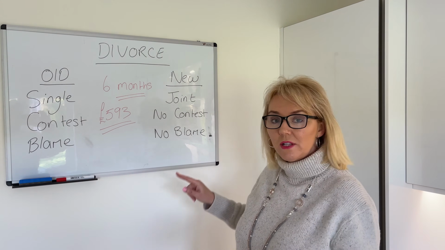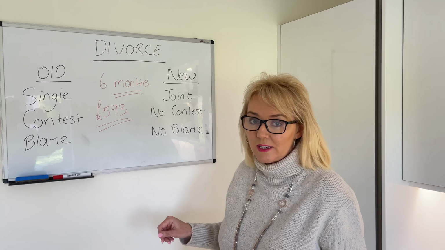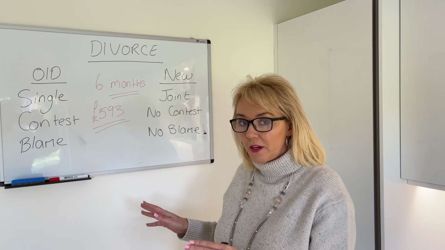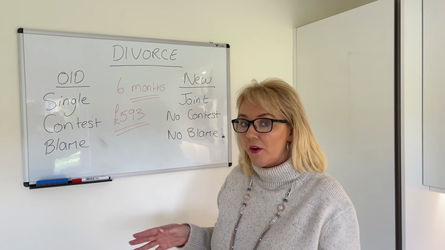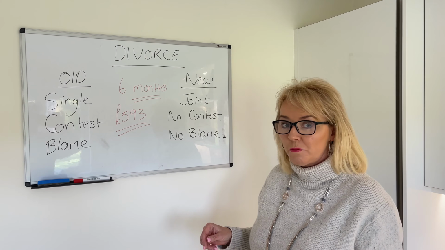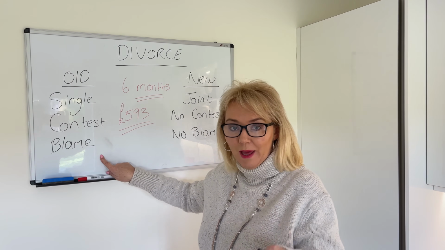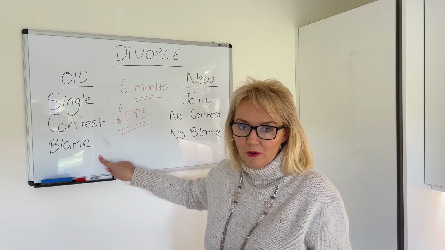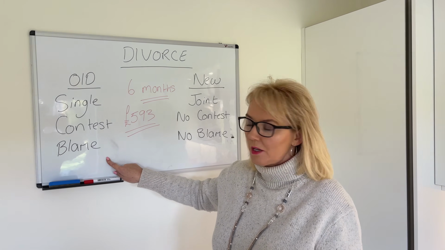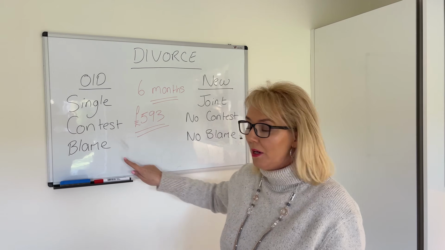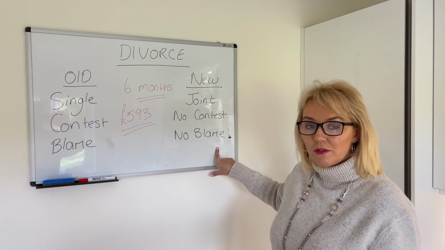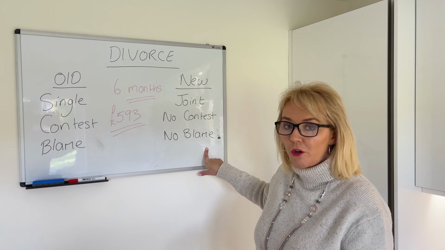With the new process, there's going to be no ability to contest. So if the other side aren't in agreement to getting a divorce, they're unable to contest your divorce petition. The old system that we use now has to be blame, unless you're using 2-year separation by consent or 5-year separation, but there has to be blame. Whereas in the new process as of the 6th of April, there's no blame.